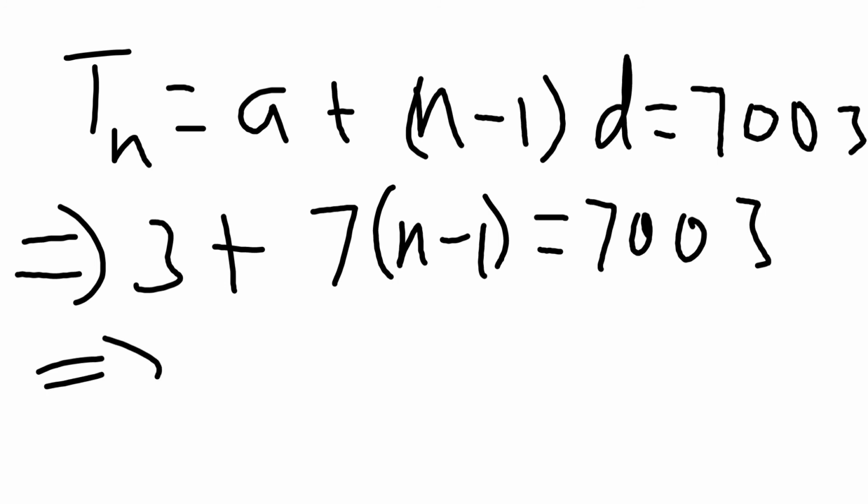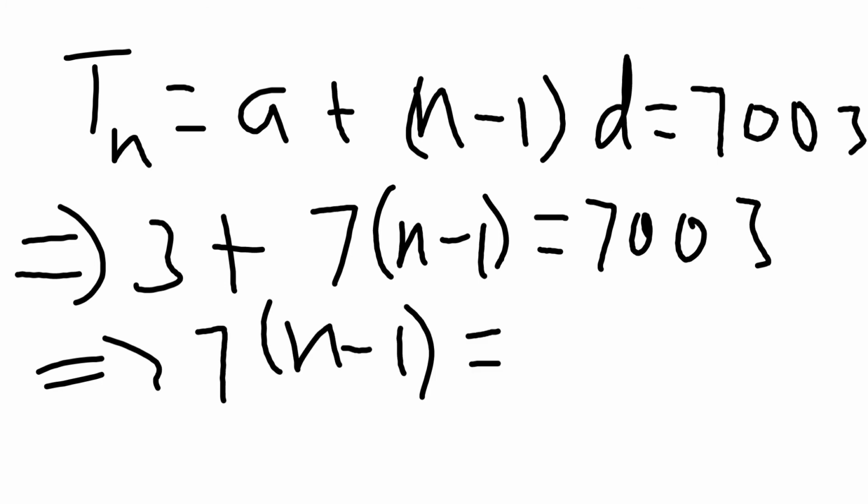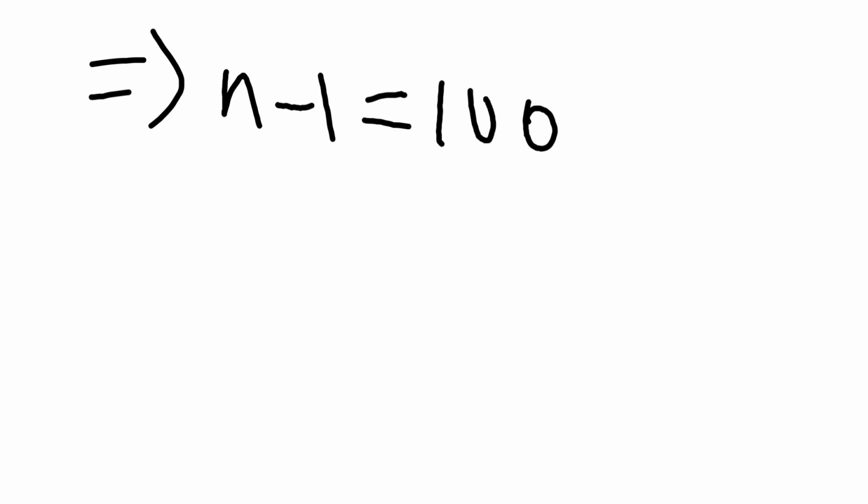So what does this mean? This means that 7 into n minus 1 is equal to 7,000. It means that n minus 1, when we divide both sides by 7, will give us 1,000. And the implication now is that n is equal to 1001.